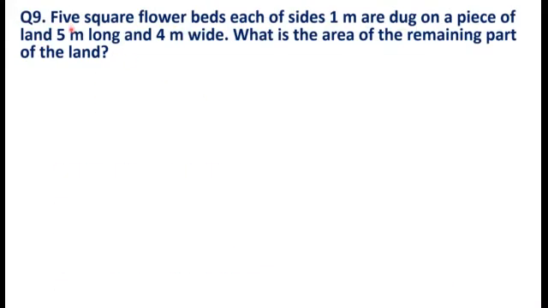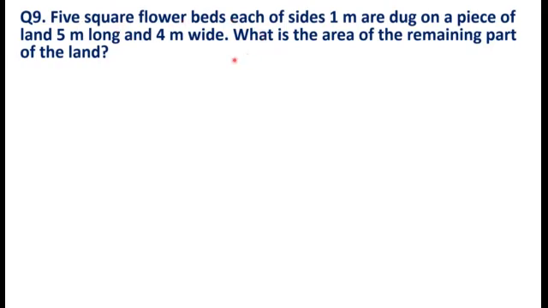Next question: 5 square flower beds, each of side 1 meter, are dug on a piece of land 5 meter long and 4 meter wide. What is the area of the remaining part of the land? So that means a plot is given, and on that plot square flower beds are dug.